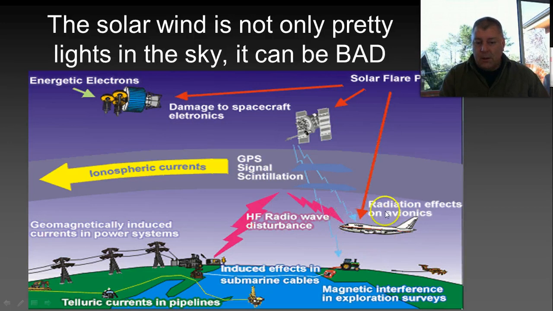Can affect the plane's avionics, cause disturbance to radio signals, cause huge currents in power lines because they can induce currents. And when we do electromagnetic induction, we'll work out how that happens. And in submarine cables, they can cause surges.